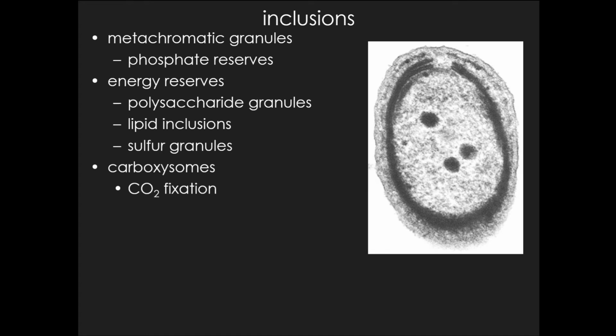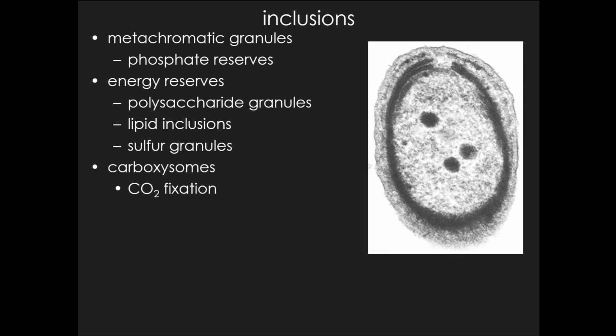It's the site of the light independent portions of photosynthesis where CO2 is fixed or reduced or converted into a sugar, which will then be broken down for ATP by the cell to fuel its cellular processes. So the carboxysome is the site of carbon dioxide fixation, both in photosynthetic prokaryotes and also in some prokaryotes who undergo a process called chemosynthesis that we're going to talk about in a later lecture.